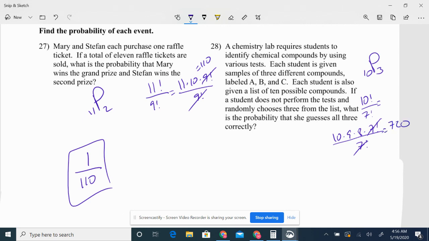So there's basically 720 possible ways to rearrange these. Now the student has to answer correctly, right? There's only one correct solution. So the probability that the student guesses all three correctly is 1 out of 720. To put three in order out of 10 doesn't seem like you can. It seems like you can easily get it, but you can see that you're going to get 1 out of 720. As a hint, do study for your test.